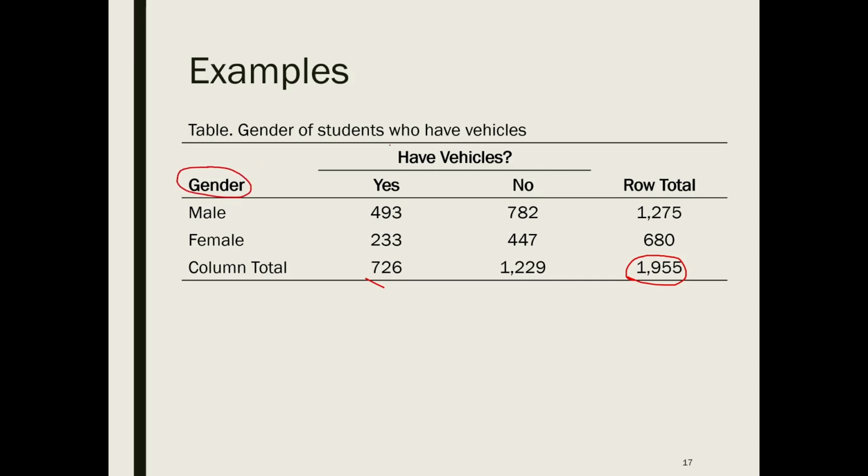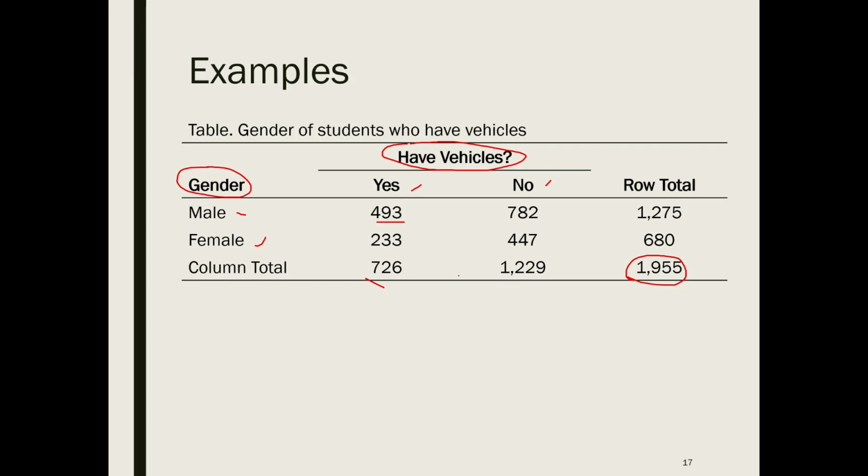One is gender, one is whether they have a vehicle, right? It's easy. Gender, we have male and female. Vehicle, we have yes, I do have a vehicle, no, I don't have a vehicle. So reading this table is quite easy. Just answer some questions: how many male students have vehicles? 493, right?